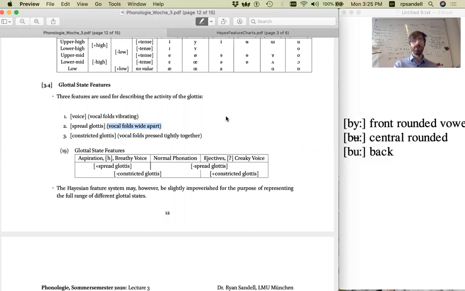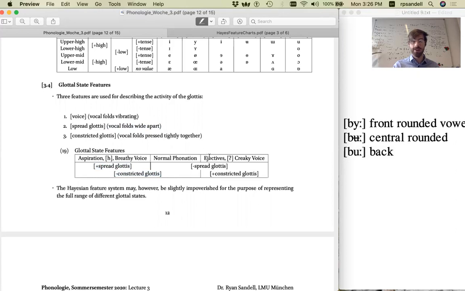Spread glottis says whether the vocal folds are set wide apart, whereas constricted glottis says whether they are pressed tightly together. So if we initially look at just the combinations of spread glottis and constricted glottis in terms of different types of so-called phonation, typical ways in which sounds may be articulated in different laryngeal states, then we see aspirated sounds and so-called breathy voiced sounds, which occur in a lot of languages in India, as being sounds that are plus spread glottis and non-constricted glottis.